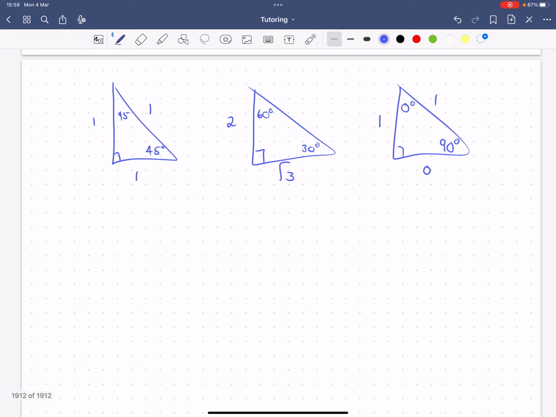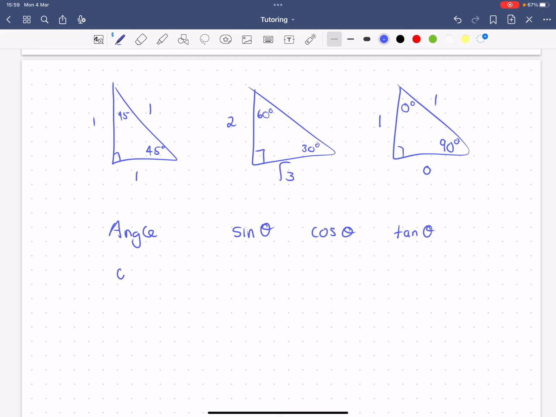The idea of exact values in trigonometry extends from our calculator's ability to do certain concepts. When you type in, for example, cos of 30 in your calculator, you will get 0.866. When we solve questions in Pythagoras' theorem and we're asked for things in exact value form, that means we want it in surd form.